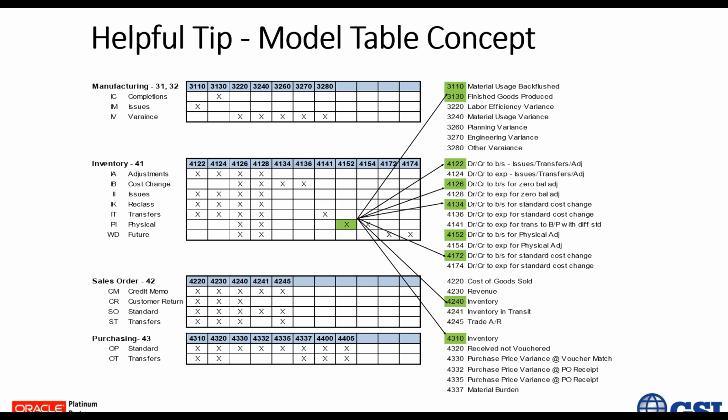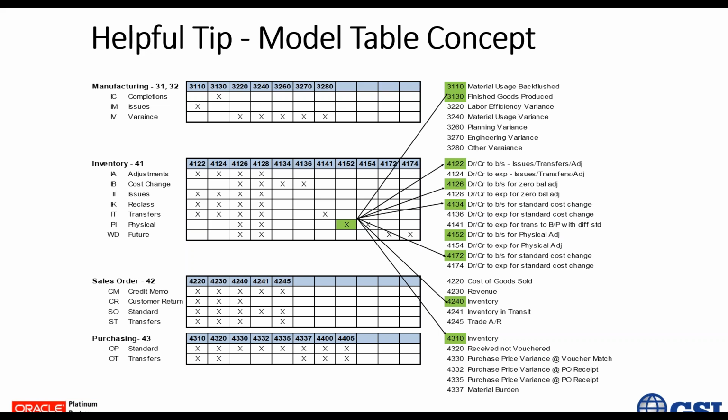Now, with that said, let's talk about this whole concept of a model table. The one that I like to use is the one highlighted in green there. It's 4152, and it cross sections with the PI document type, for physical inventory.